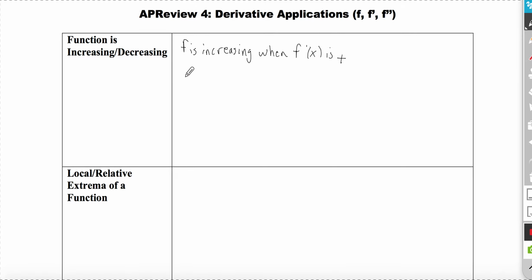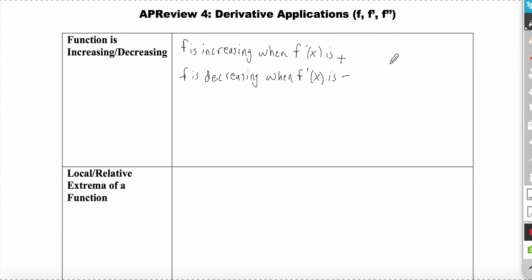We also know that f is decreasing when f prime of x is negative. Because remember, f prime, that prime is referring to the slope.